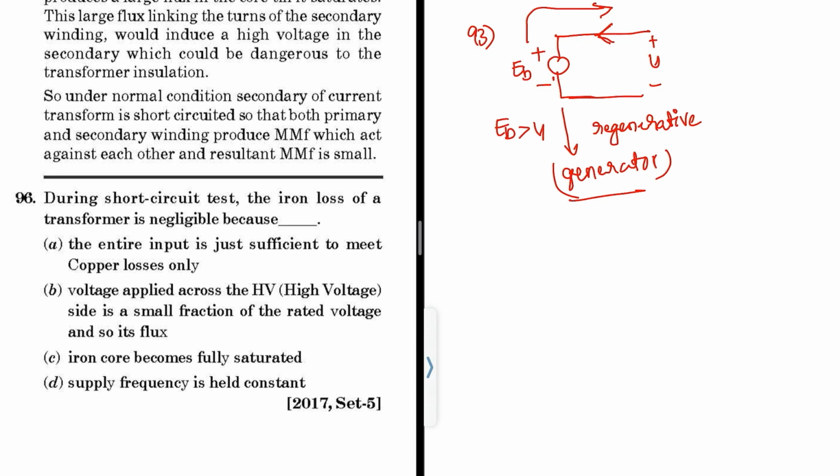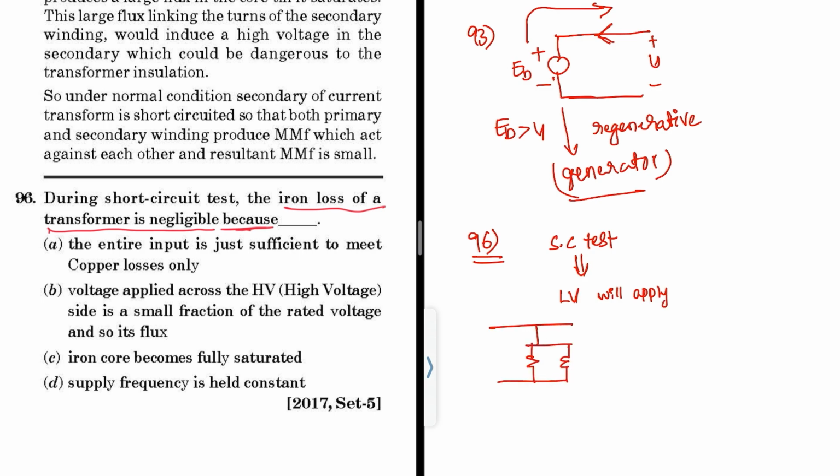Coming to the 96th question. During a short circuit test, the iron loss of a transformer is negligible because, okay. In a short circuit test, we apply a very low voltage. In the transformer equivalent circuit, this RC is the core loss component, and it is across the voltage.